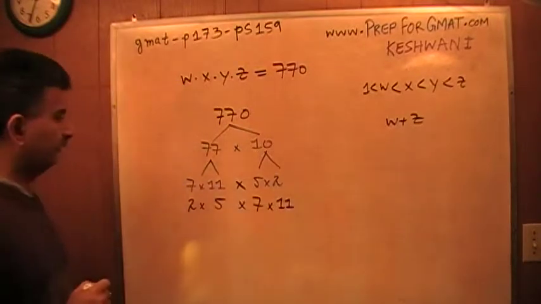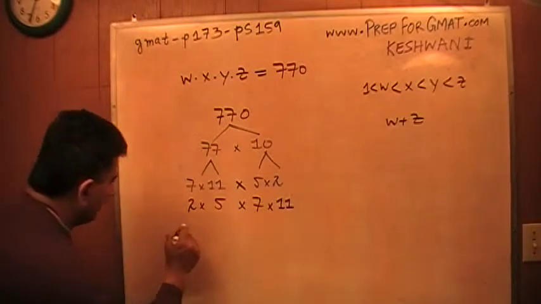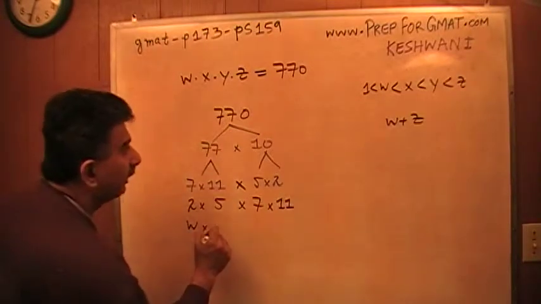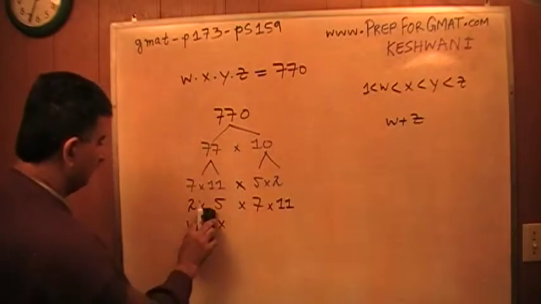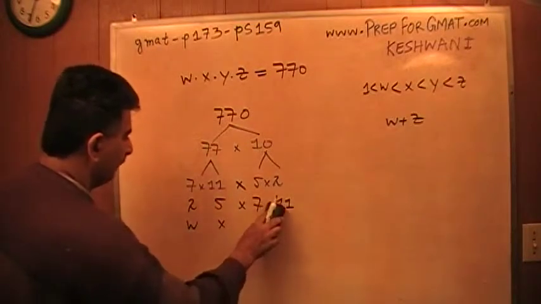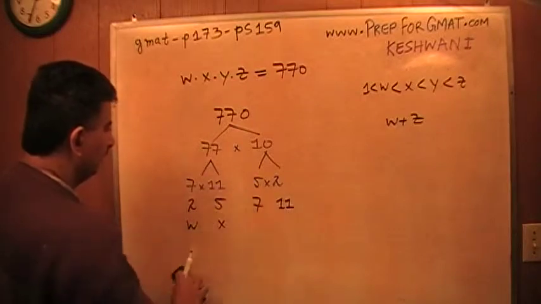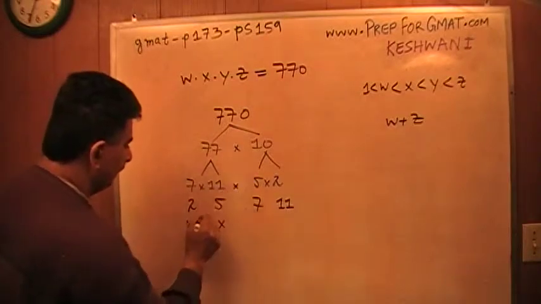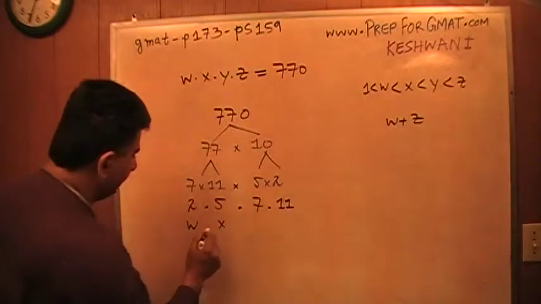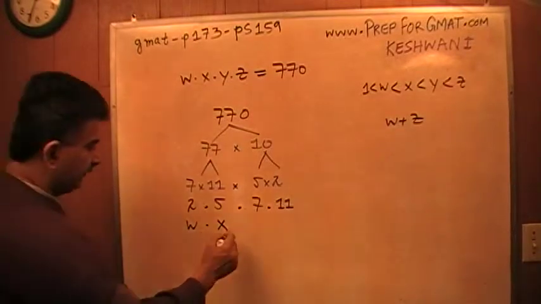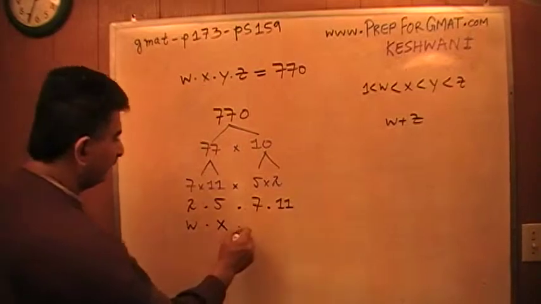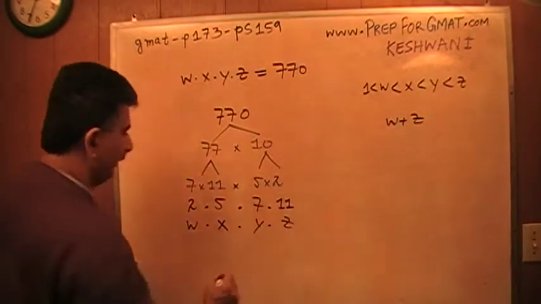There we go. Almost done. So this is our w, this is our x. I shouldn't write the multiplication sign like this, because we're going to confuse the x with the multiplication sign. So w, x, y, and z. And that's all.